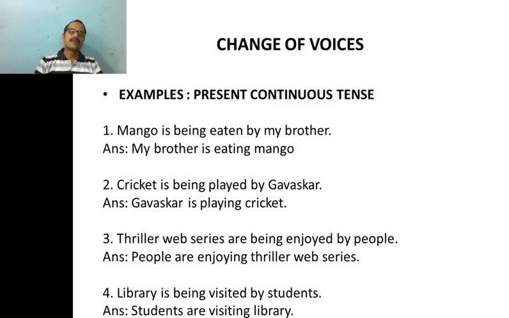Look at the first sentence. See, in all the four sentences, what is common in passive voice sentences? Being. Right? Being is common. Auxiliary verbs sometimes change according to the number and person of the subject. Is, are, am. Any one can come here. And eaten remains the same because it's a passive voice sentence.